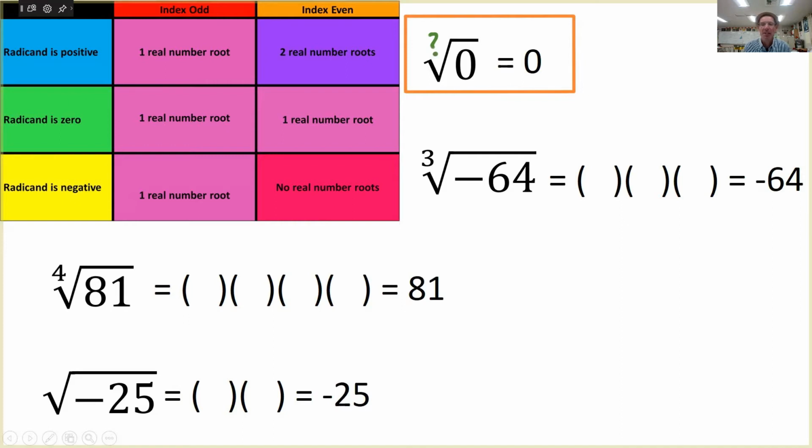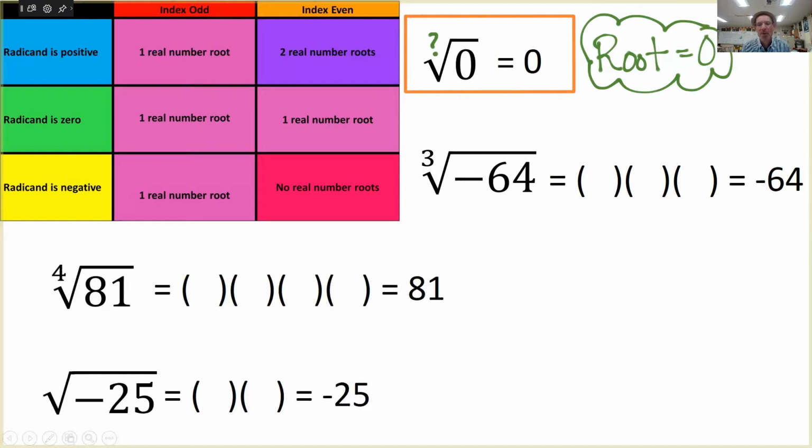It doesn't matter how many zeros we need to multiply together to get 0, it will be 0. So on this problem, we know that the answer is the root equals 0. So there's one root, and that root is 0. That is true of every problem where the radicand is 0.